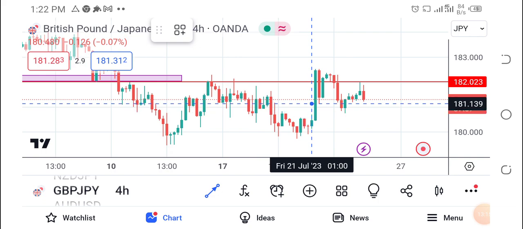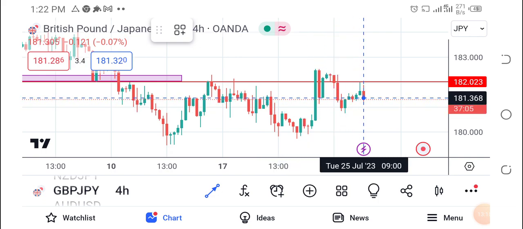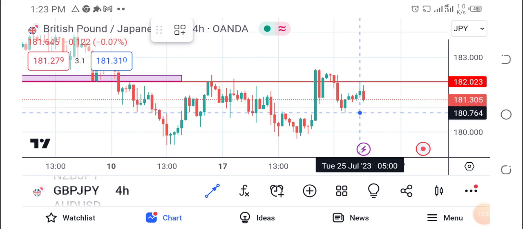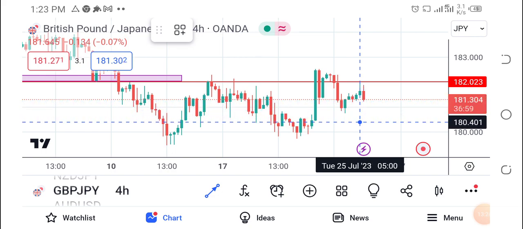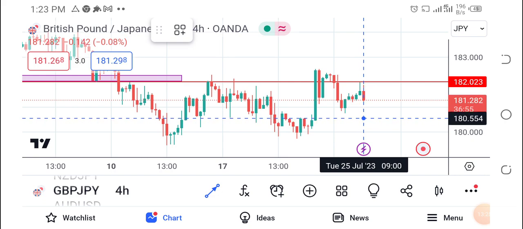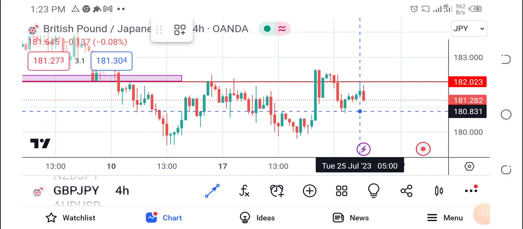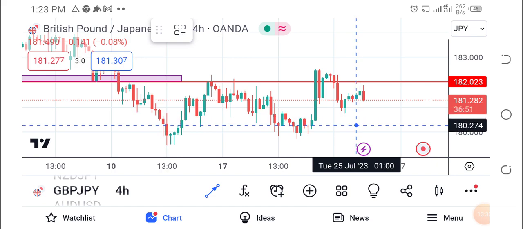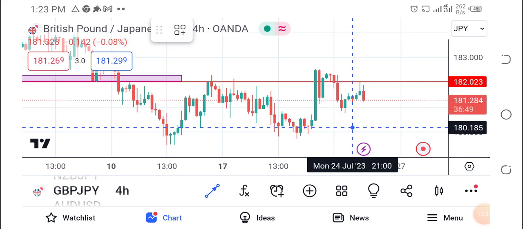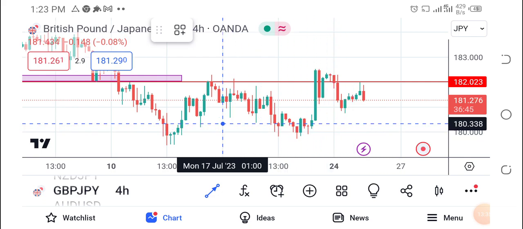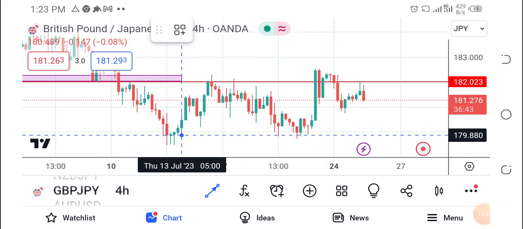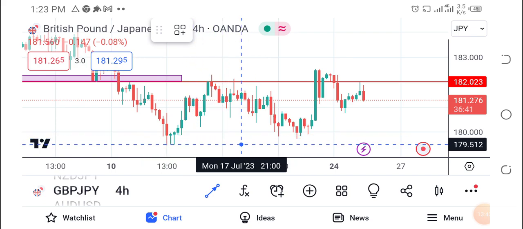What I mean is, if after this candle closes you decide to enter this trade, you should not trade beyond 30 to 50 pips, at most 50 pips. That is what should be your target. Your trade should not go beyond 1.8000, because you see the price is forming a series of double bottoms here.